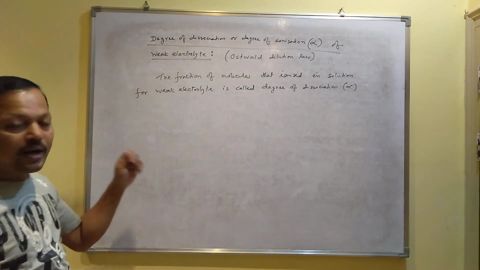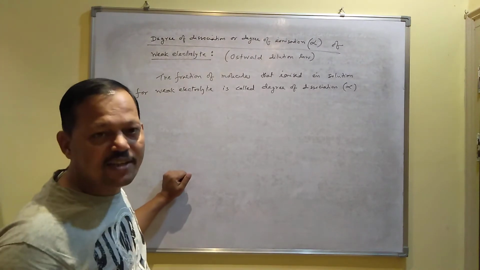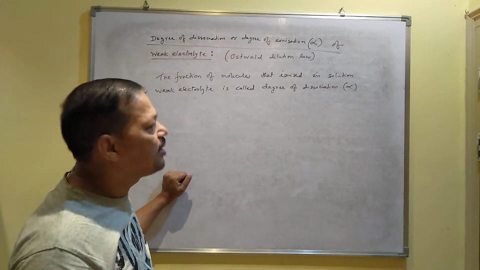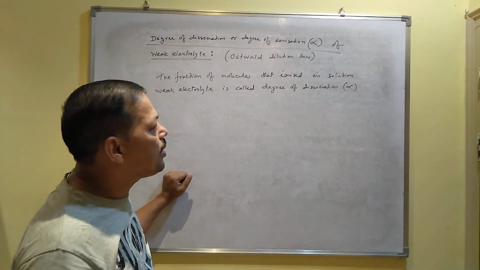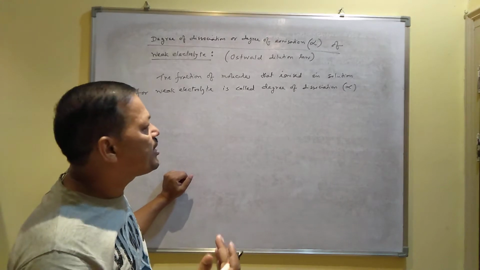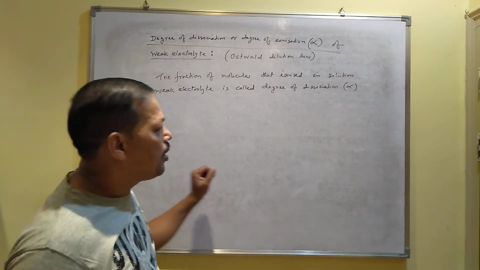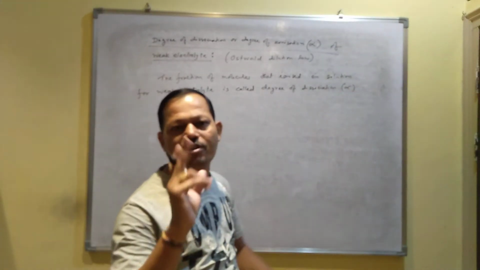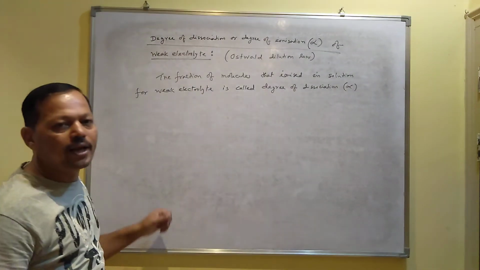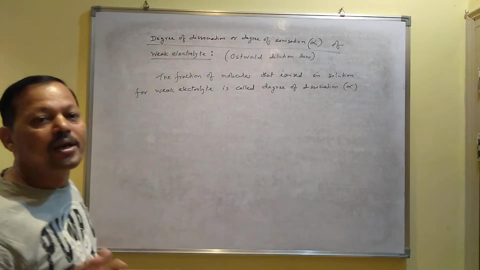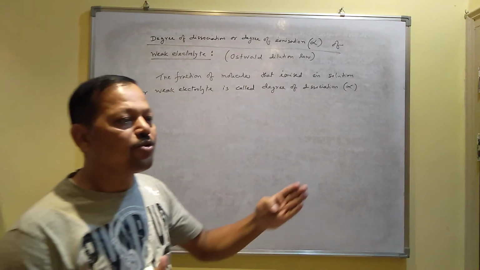So always remember, alpha value is always a fraction. If it is strong, then alpha value is considered as 1, I mean 100% ionized. And for weak electrolyte, since it is not completely ionized, alpha will always be a fraction, because the total value of alpha is considered as 1. So for weak electrolyte, it may be half, it may be 1/3, it may be 1/4, depending on how much percentage undergoes ionization.